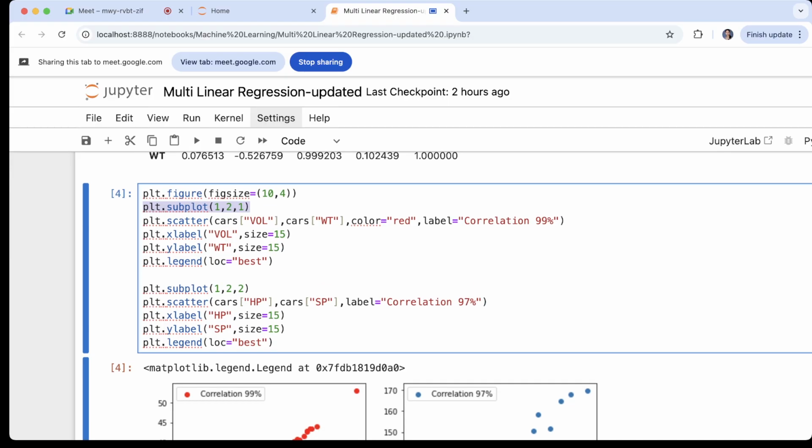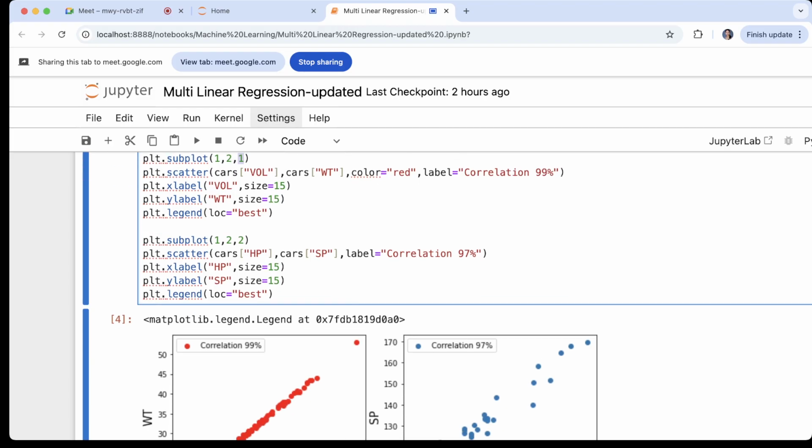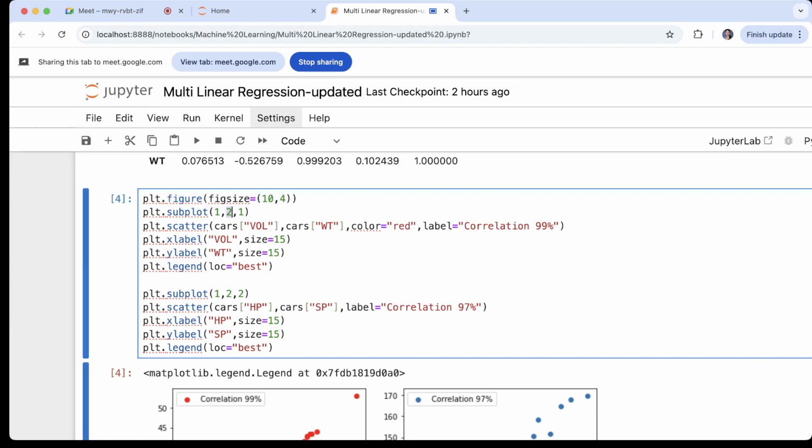Subplot takes three parameters: the number of rows, the number of columns, and out of the total figures you are going to plot, which figure number it is. So what I'm saying is, take one row and two columns, which means two figures.